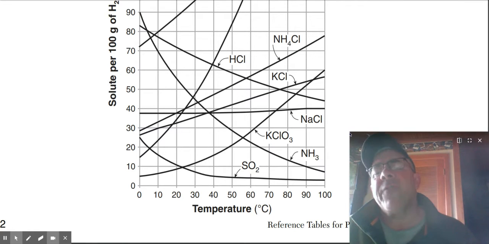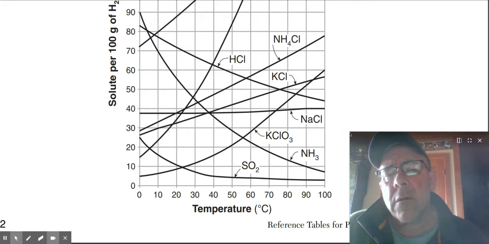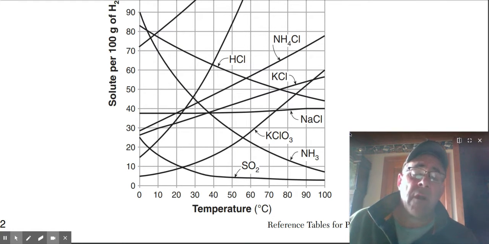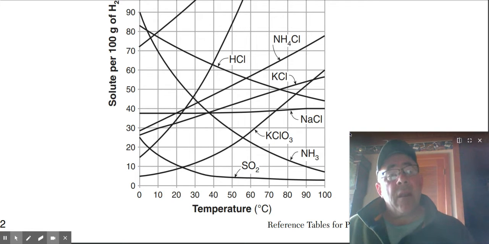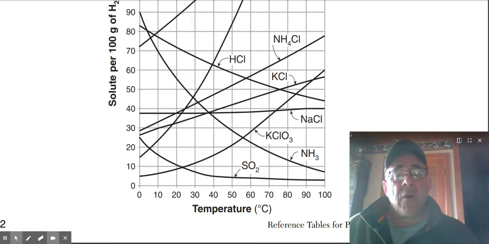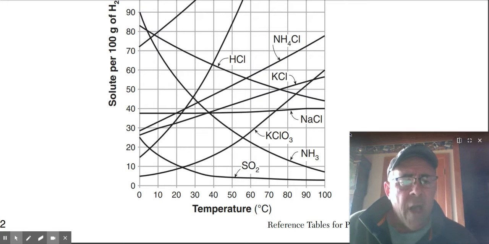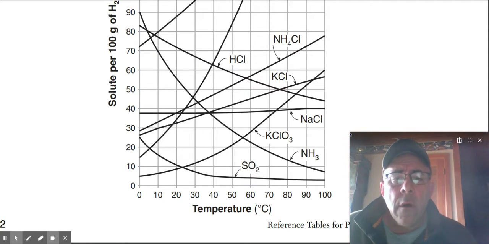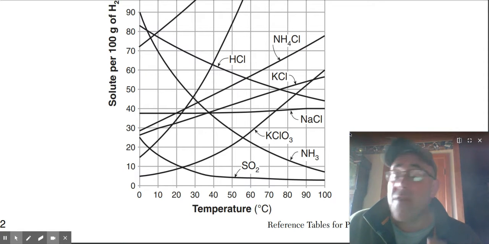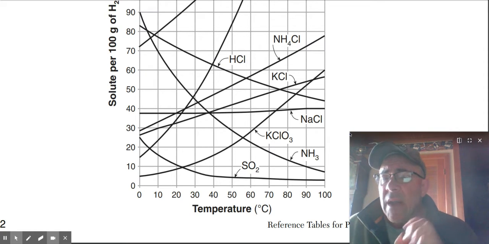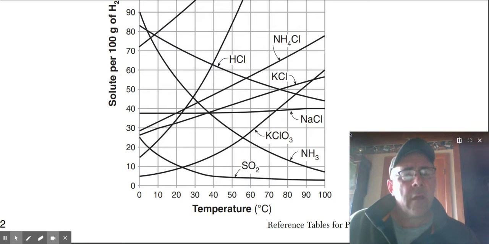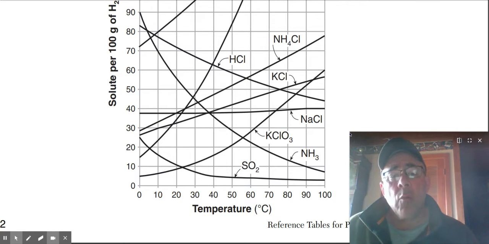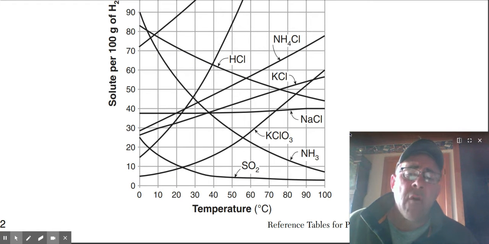Now, there's already 14 grams in the solution. So 39 minus 14: 39 minus 10 is 29, 28, 27, 26, 25. We're 25 grams away from the maximum point. Therefore, the minimum amount of solute in the form of potassium chloride that I could add to that solution would be around 25 grams.